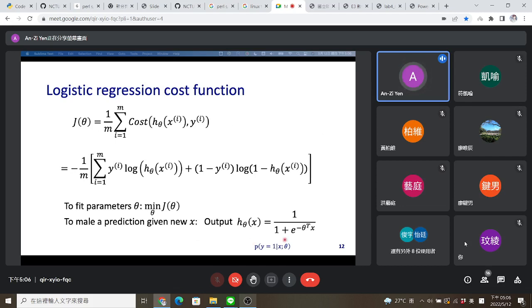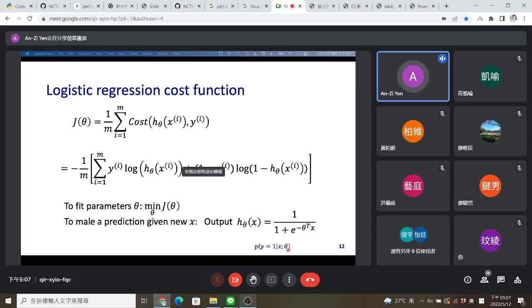The output of our hypothesis can be interpreted as the probability that y equals 1, given the input x and the parameter theta.